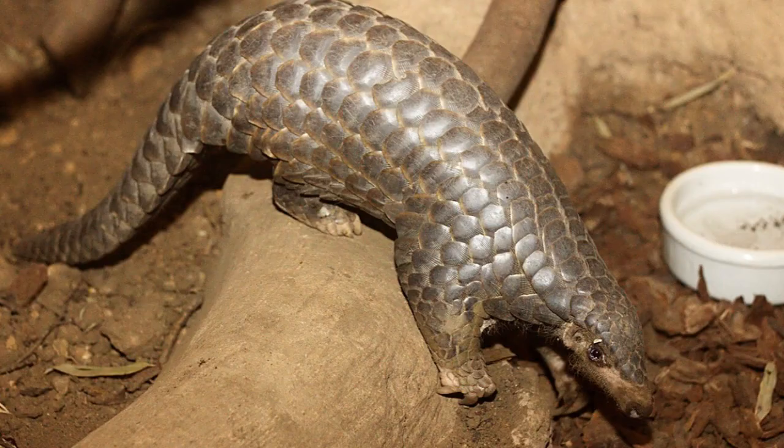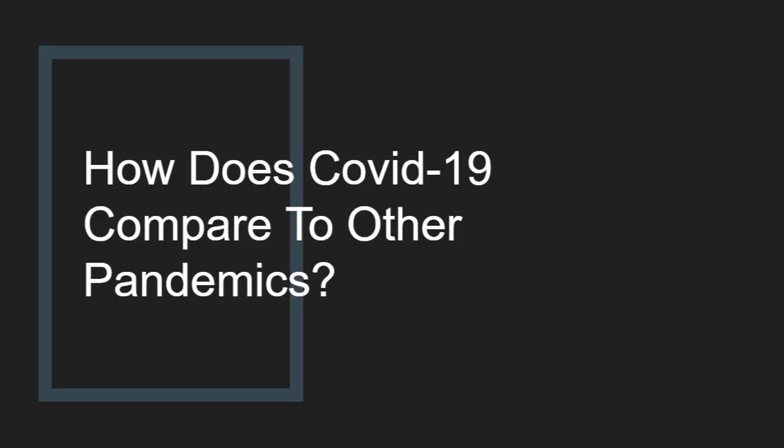What has recently been discovered is that pangolins, sometimes referred to as scaly anteaters, were found carrying related coronaviruses, and that has led us to believe that pangolins could have been possible hosts to the virus and transmitting it to humans.